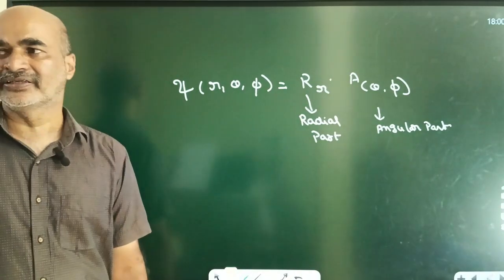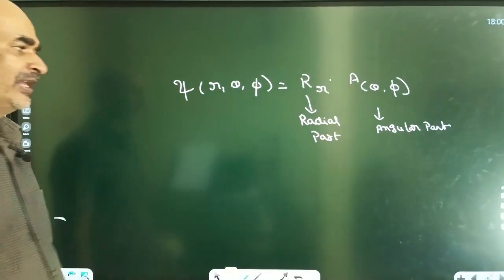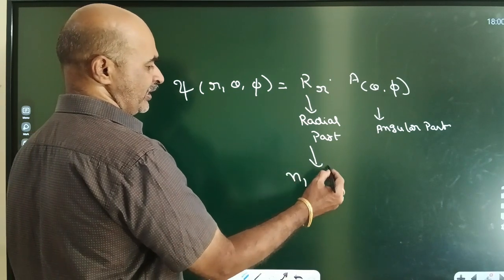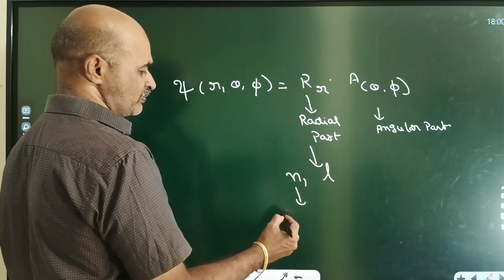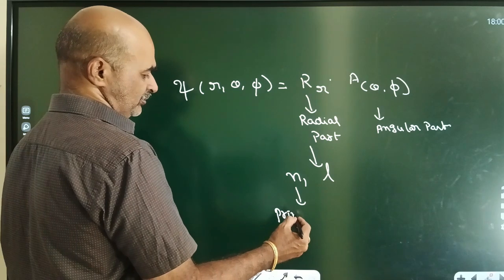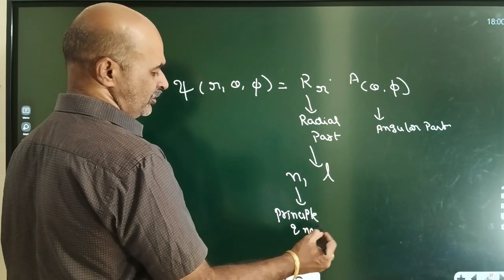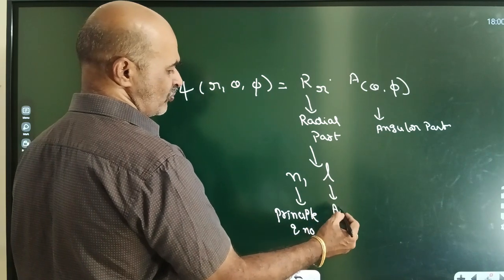Radial part is characterized by n and l. n is the principal quantum number, where l is the azimuthal quantum number.